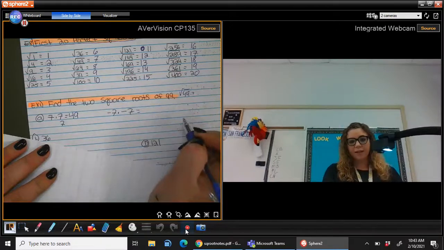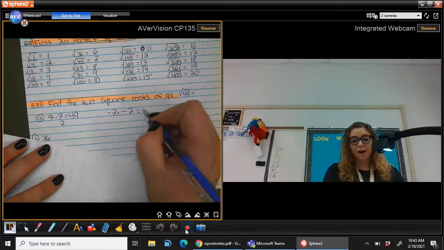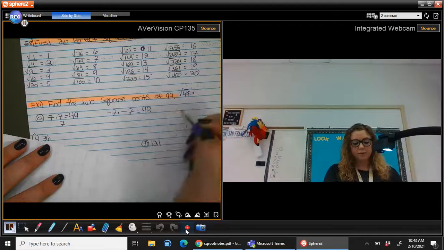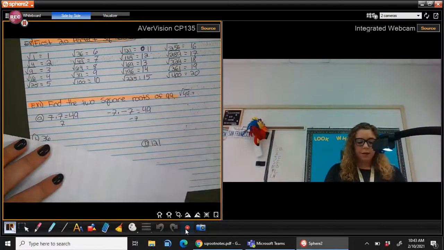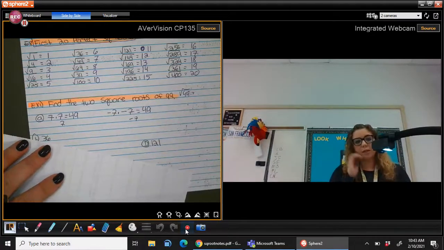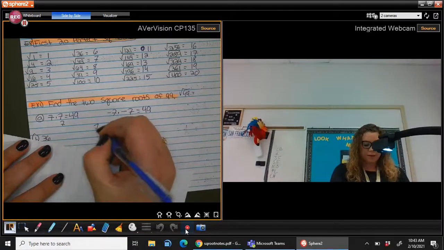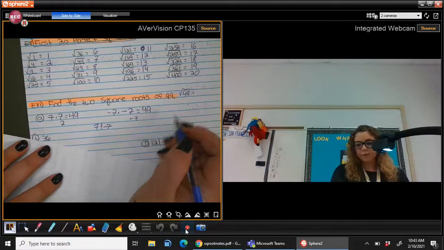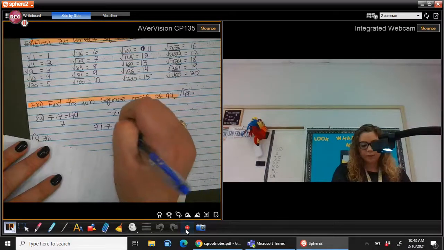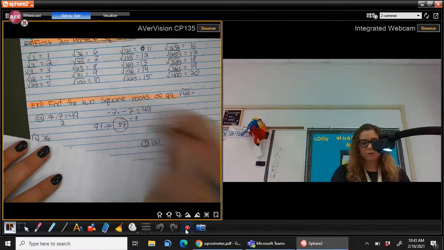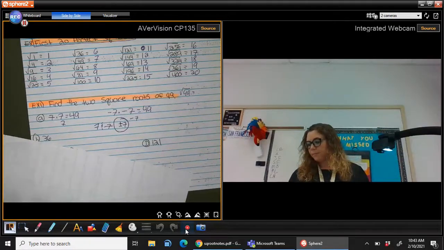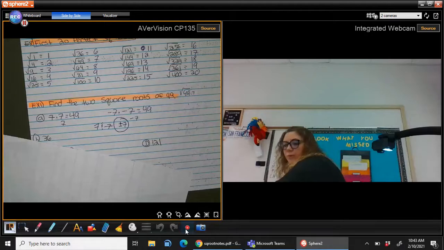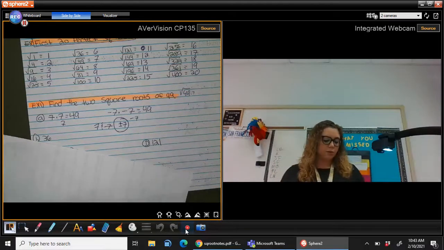That also gives me a positive 49. So the 2 square roots of 49 are 7 and negative 7, or you can write it as plus minus 7. That is how most people would write their answers.